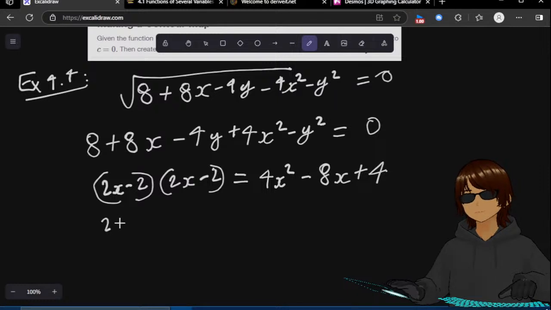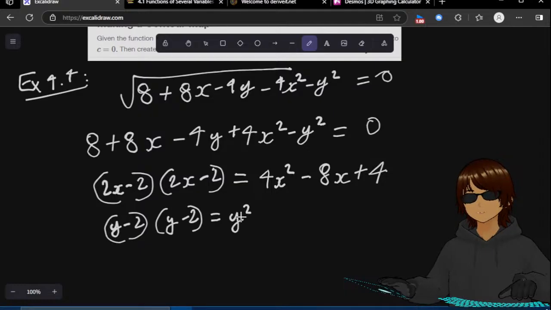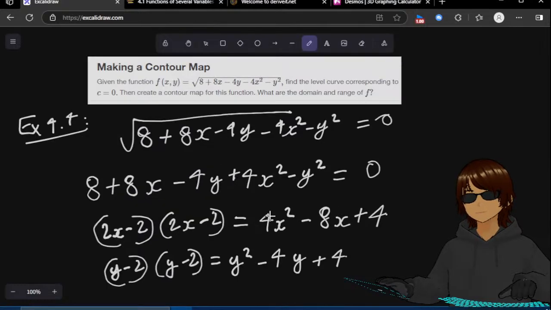If I have y minus 2, y minus 2, y squared minus 4y. Let's see. y squared minus 4y plus 4.